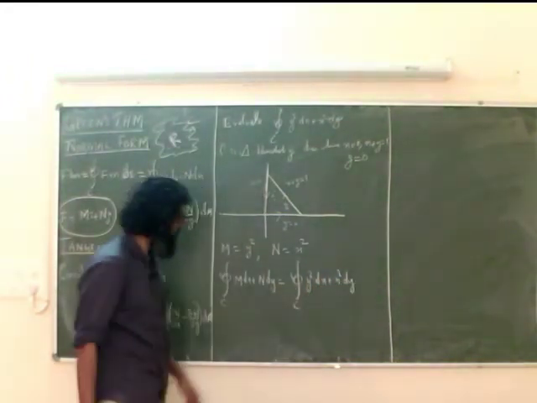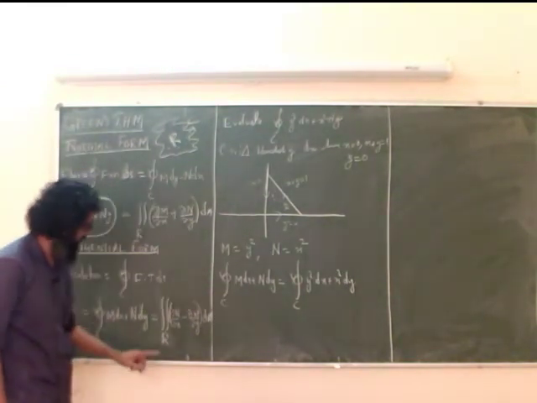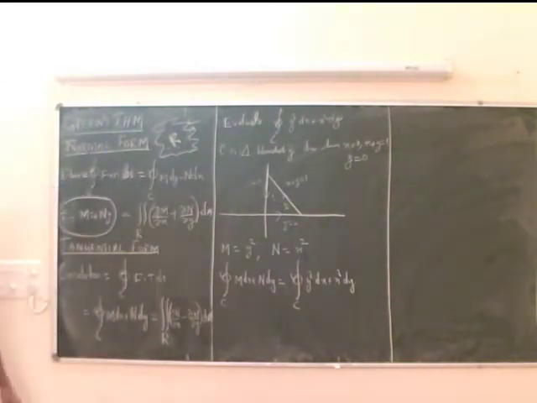If I choose m and n in this way, it is of this form, so I can make use of Green's theorem. Here I am using the tangential form.